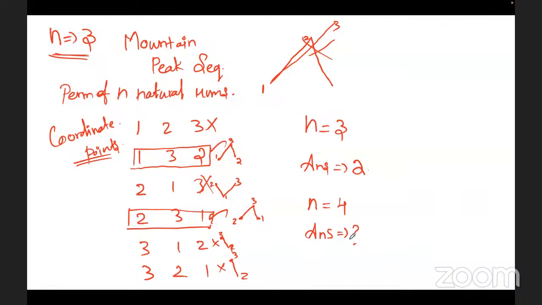So if the n value is 5, you have to take 5 factorial permutations, and if the n value is 6, 6 factorial permutations.